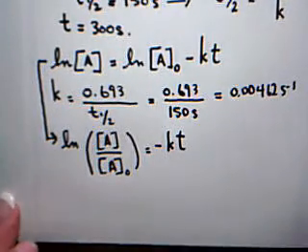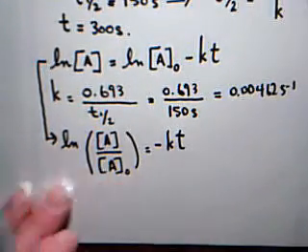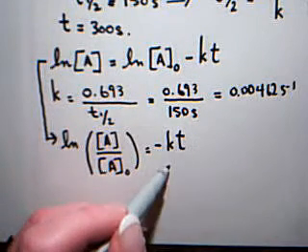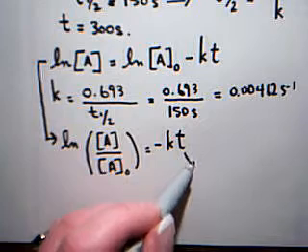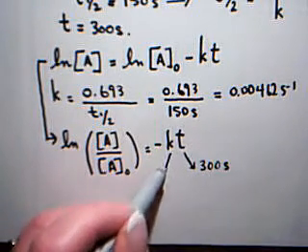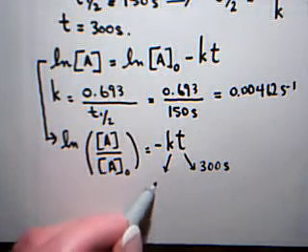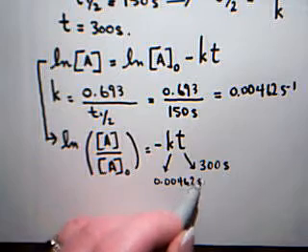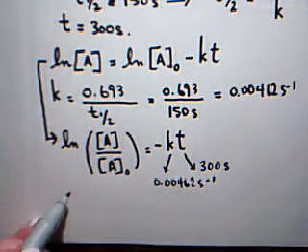So minus kt, I know that the t is 300 seconds, and the k value is what we just found, 0.00462 seconds to the minus 1.